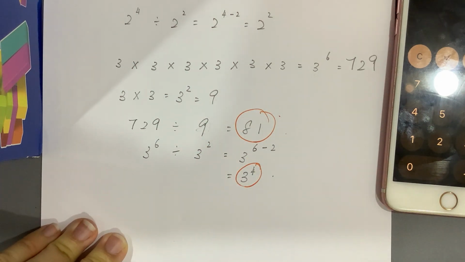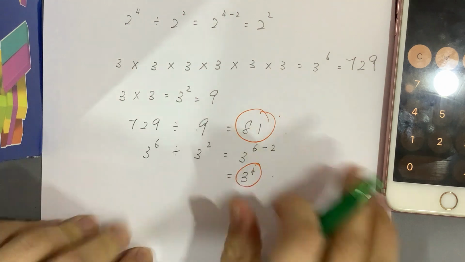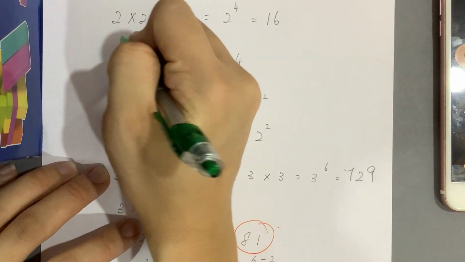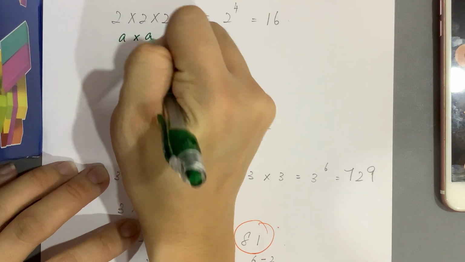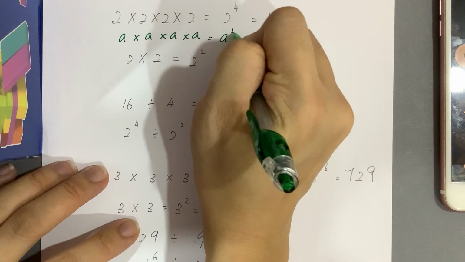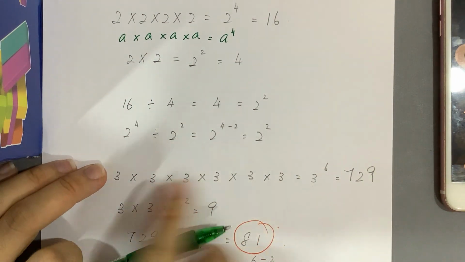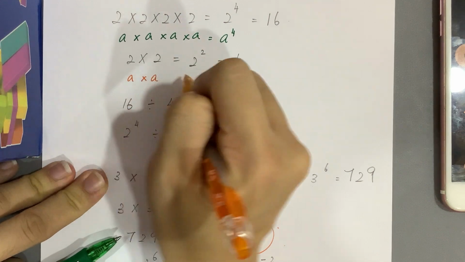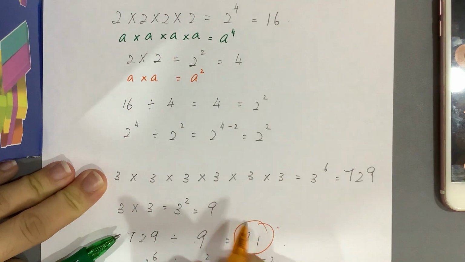So how do we represent all these things in terms of algebra? To translate the first example to algebra, it is actually a times a times a times a equals a to the power of 4. Okay, and this one, a times a is actually a to the power of 2.